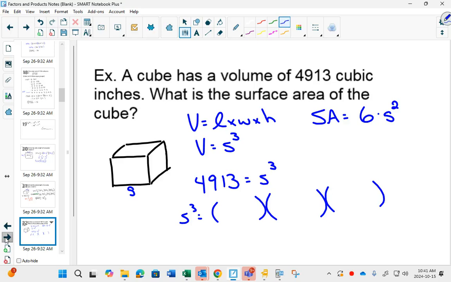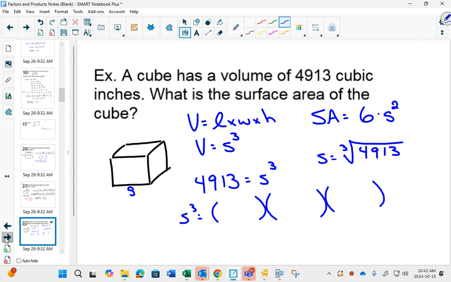Okay? If you had this question on a quiz or on a test, you'd have a calculator. So at this point, do you see that it makes sense to cube root 4913 to see what we would get? Does it work out to a nice number?